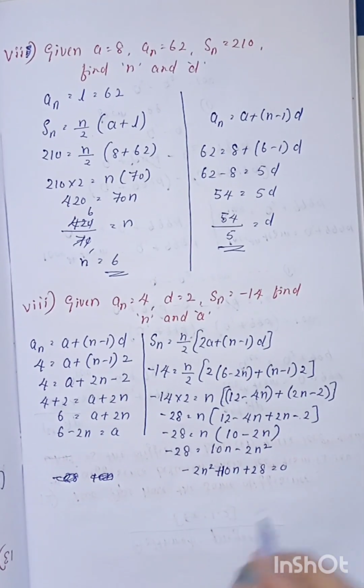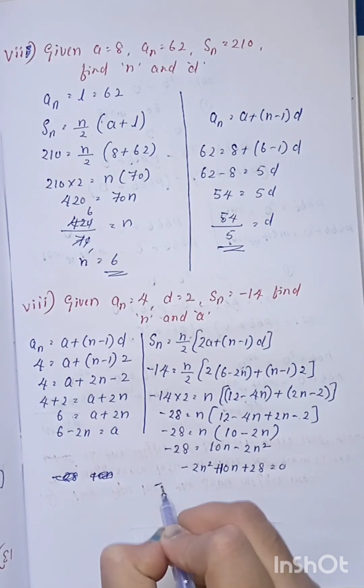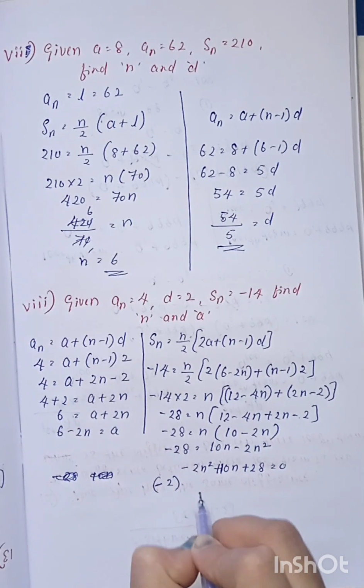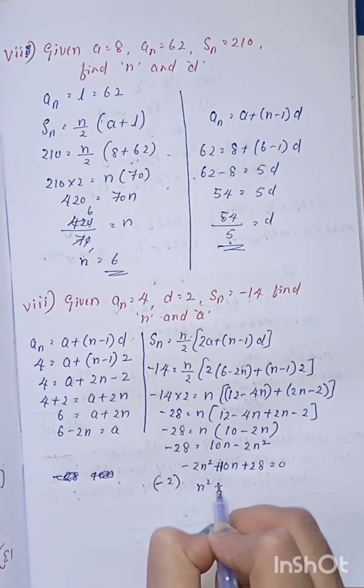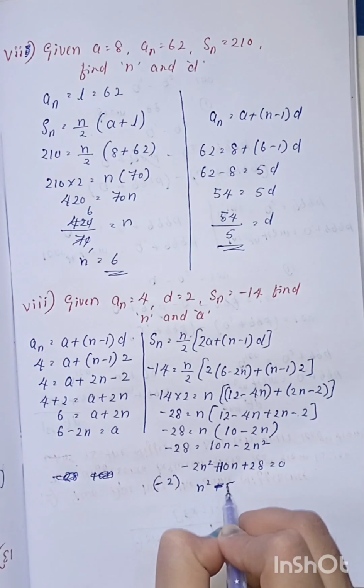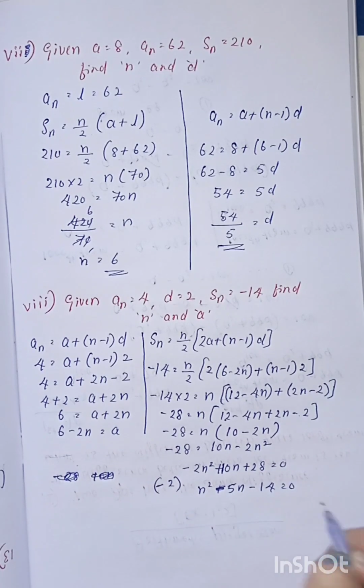Now if we observe, all the three numbers are divisible by 2 and remove the minus also, so I can remove minus 2. You will get n square plus 2 minus 2 5 10, n minus 14 equals 0.